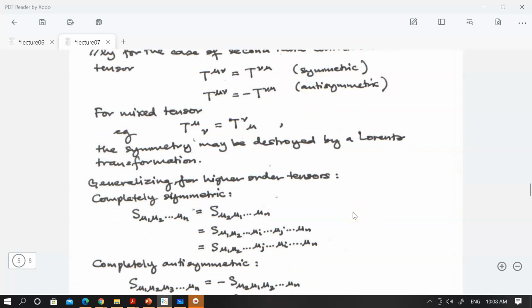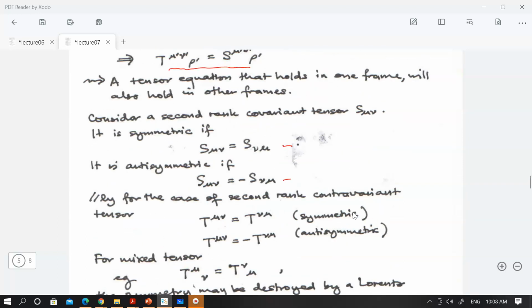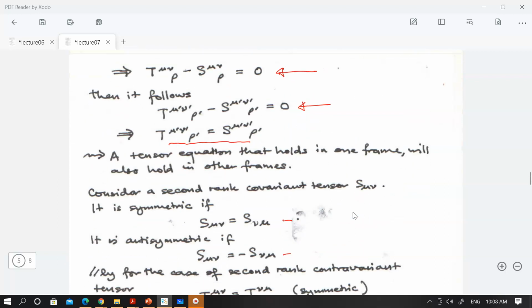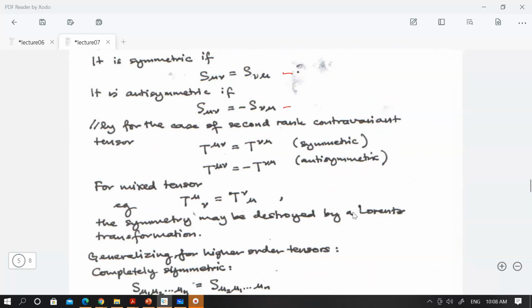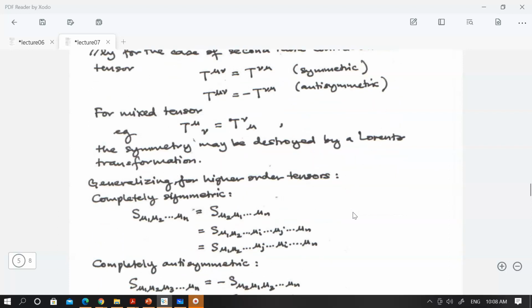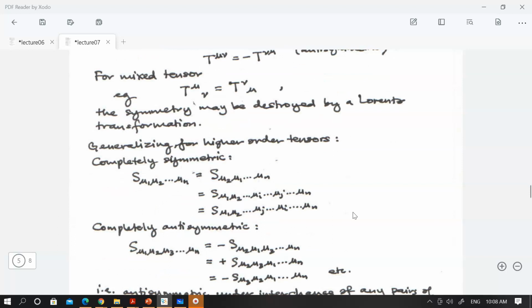So these are rank 2 tensors. For example, here we begin with covariant rank 2, and then we can also do it for the contravariant rank. And then we did mention the mixed tensor, which will not be true in general in terms of the symmetry. But what if there is a higher order tensor like this?